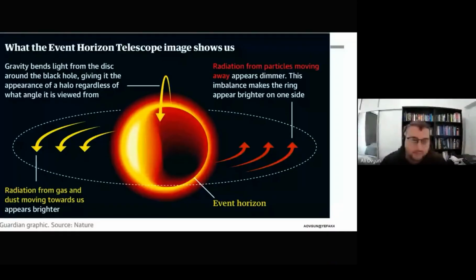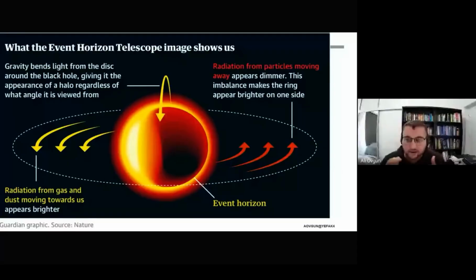Each antenna is spread out over vast distances and has an extremely precise atomic clock, and analog signals collected by the antennas are converted to digital signals and stored on hard drives together with the time signals provided by the atomic clock. These hard drives are then shipped to a central location, processed, and then it gives us the images.